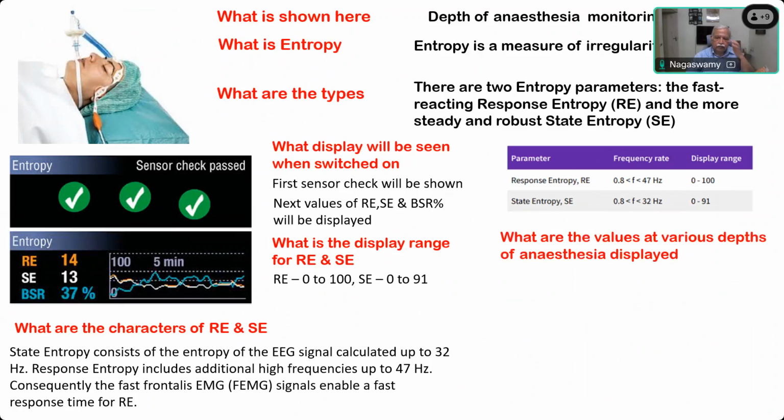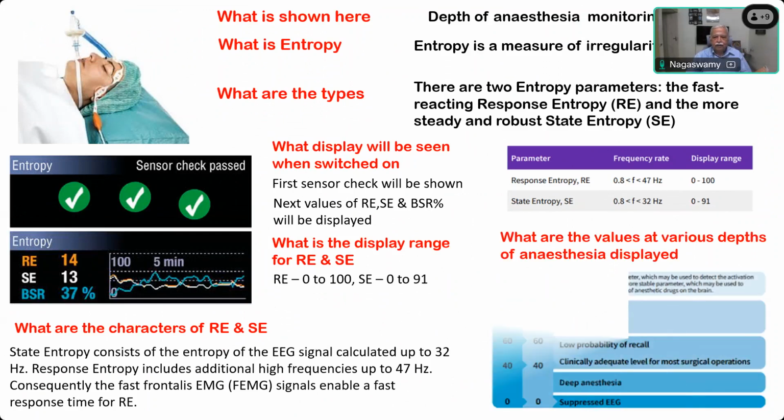What are the values at various depths of anesthesia when you use the entropy monitoring? What will be the value for the patient before induction? For state it will be 91, for response it will be 100.